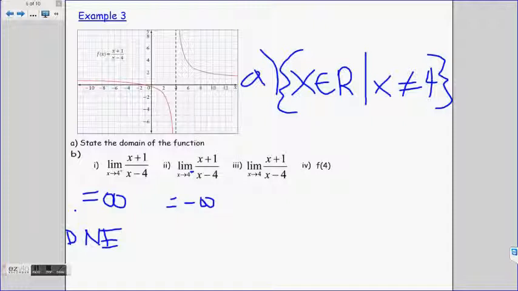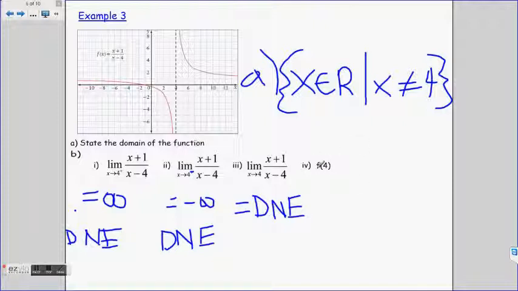And again, negative infinity is similar to infinity in that it does not exist. It's just that the number gets more and more negative. So both of these do not exist. So looking at part 3, that means the limit also does not exist. It's getting easy, isn't it? And who said calculus was hard?